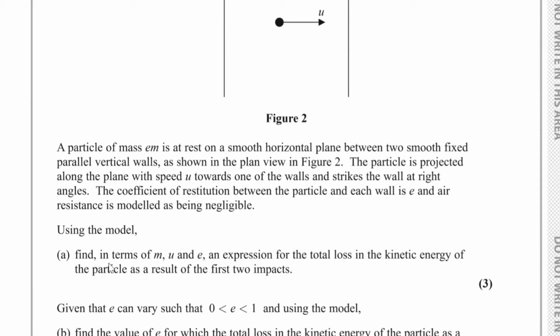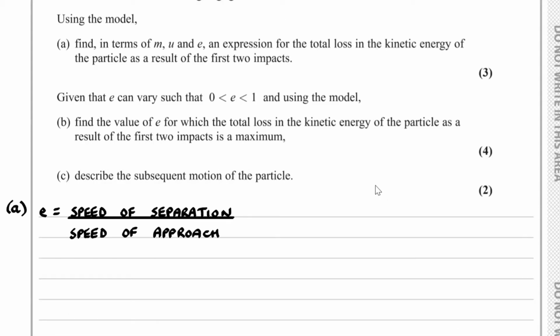Using the model for part A, we have to find, in terms of m, u and e, an expression for the total loss in the kinetic energy of the particle as a result of the first two impacts. Before we do anything else, we know e is equal to the speed of separation divided by the speed of approach. Now, what we can do is find out the speed of separation after the first impact.